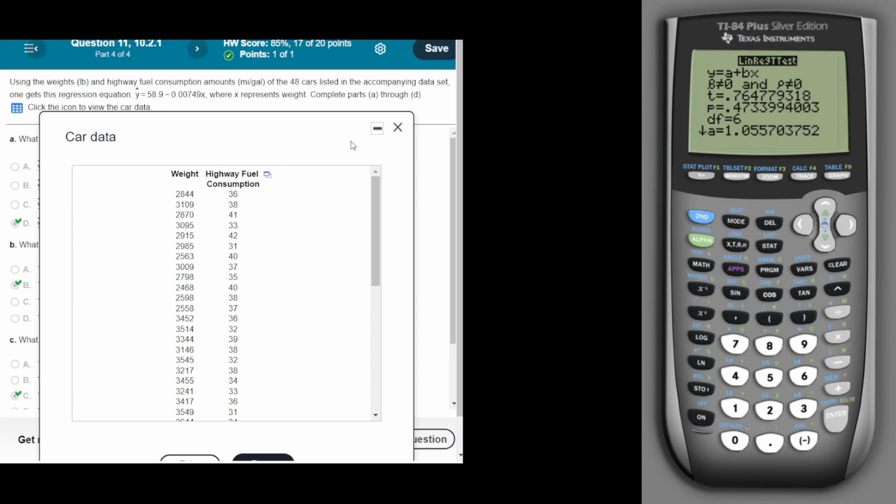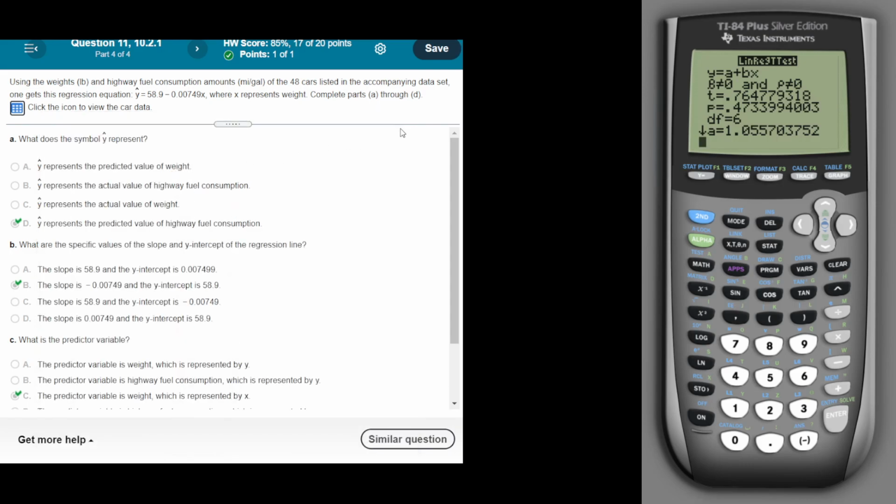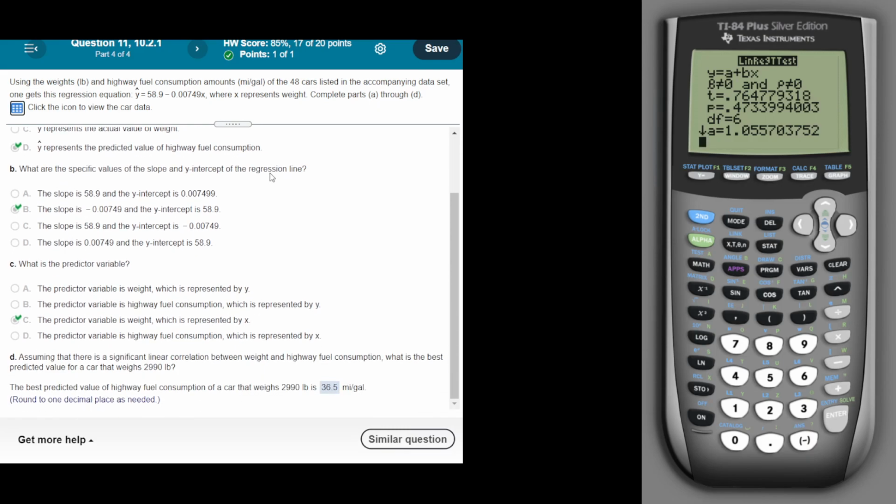So always focus on your Y. It's always Y equals, Y with the caret. Know the category. This is the Y column, so make sure you use that as your predictive value. Know the distinction.